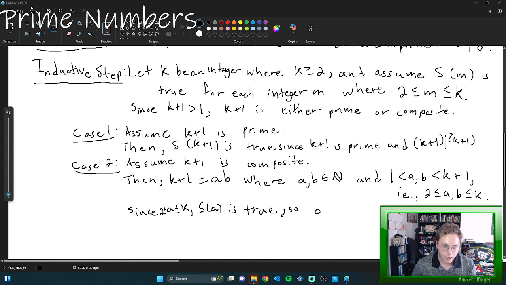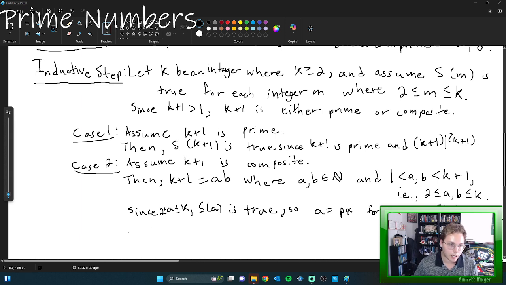So a equals px, so there's some prime that divides a, which we'll call p, for some naturals p and x, where p is prime. Okay.